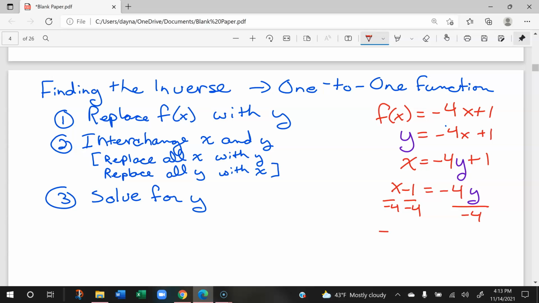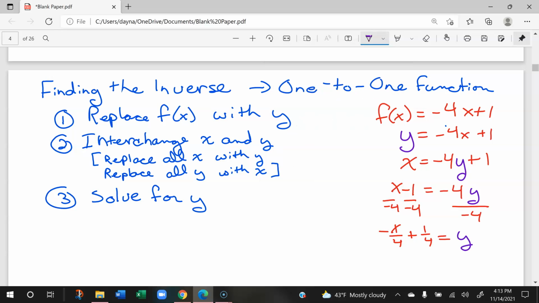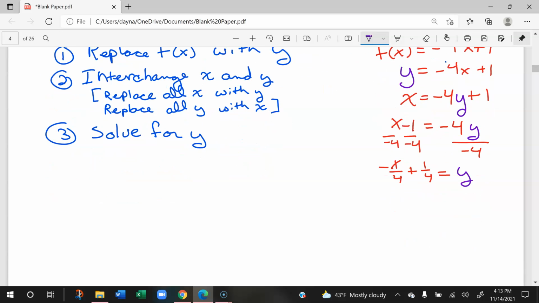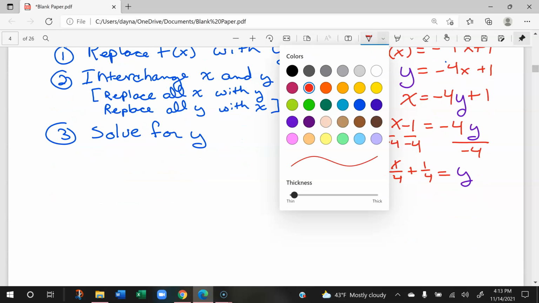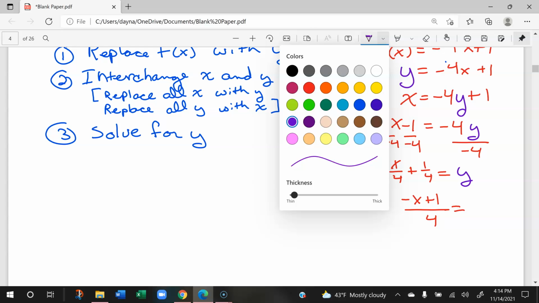And so I would get negative x over 4, or negative 1/4 x, plus 1/4 is equal to y. Now, here you could have negative x plus 1 over 4. You just need to make sure that you get that negative out of the denominator. So you just need to divide each of those signs, and that would be fine as well. Either one of those would work.